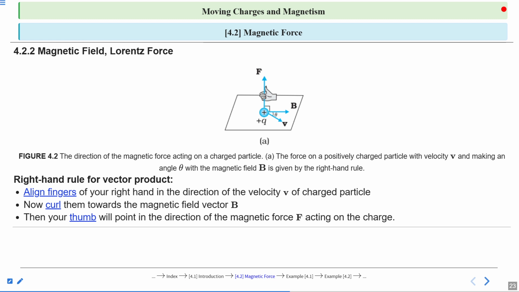Then your thumb will point in the direction of the magnetic force F acting on the charge, as shown in the diagram. This thumb will give the direction of magnetic force if there is a positive charge. If we replace the positive with a negative charge, then this force will be in the downward direction. So you have to remember this.